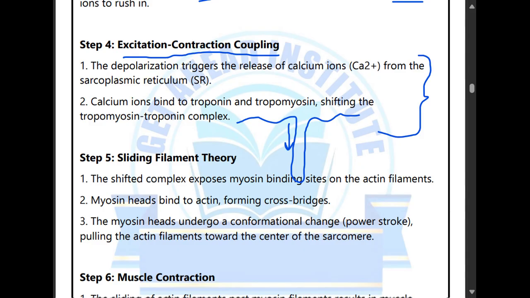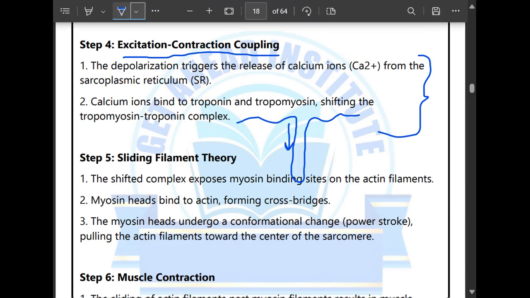The sarcoplasmic reticulum also contains what we call the ryanodine receptor. When the dihydropyridine receptor gets stimulated, it gets hold of the ryanodine receptor.